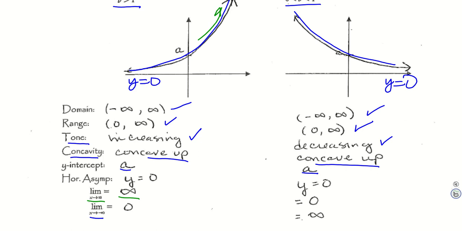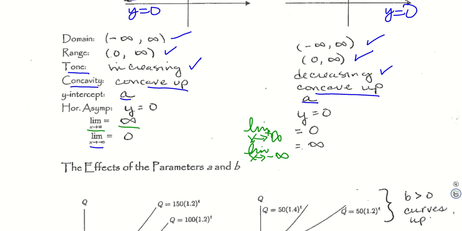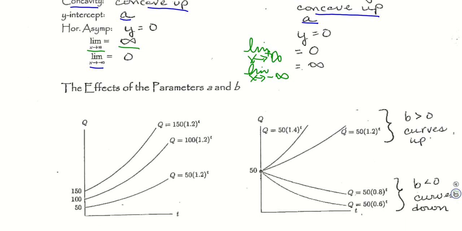For our decay function, it approaches its horizontal asymptote to the right, so its limit as x goes to positive infinity will be 0. But if we follow it to the left, that function keeps going up, the y's get bigger and bigger, so the limit as x approaches negative infinity will equal infinity. So that was mostly review.